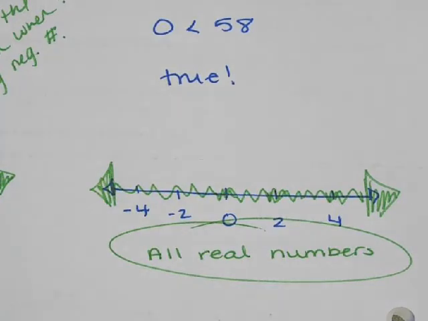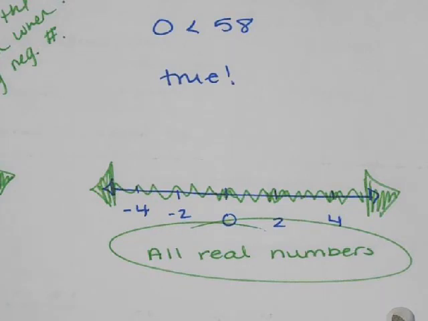And the number line is what represents all real numbers. So in 1.1, when we were talking about the number sets, it could be a rational number, an irrational number, an integer, a natural number. All of those are real numbers, which make up that number line. Okay, so if everything on the number line works, then we write all real numbers.